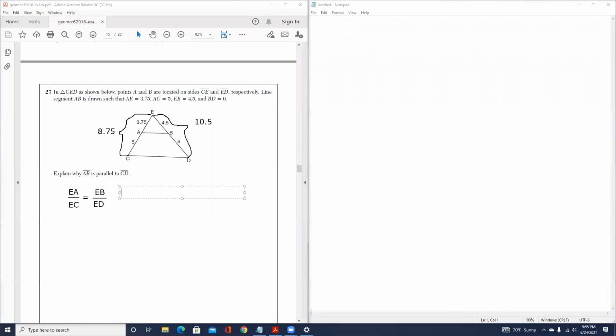And I'm going to represent this as part 1 over whole 1 equals part 2 over whole 2. So it's 3.75 over 8.75 equal to 4.5 over 10.5.